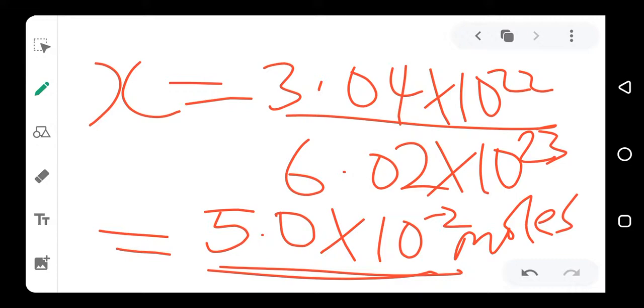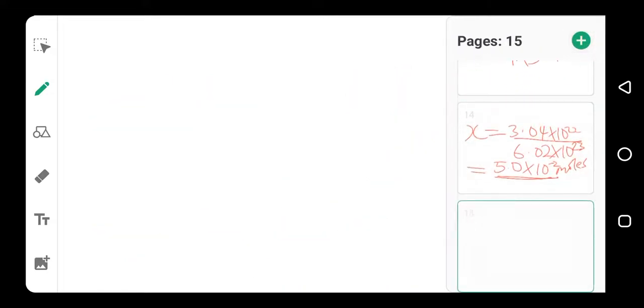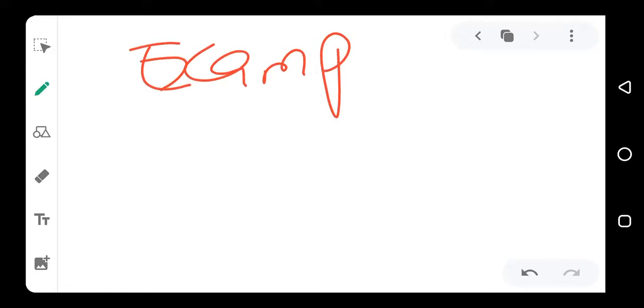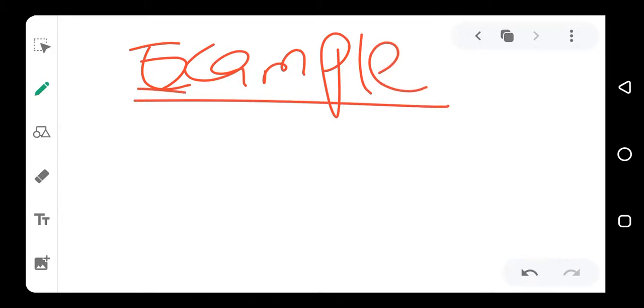This is the number of moles that this substance contains. Example 3.